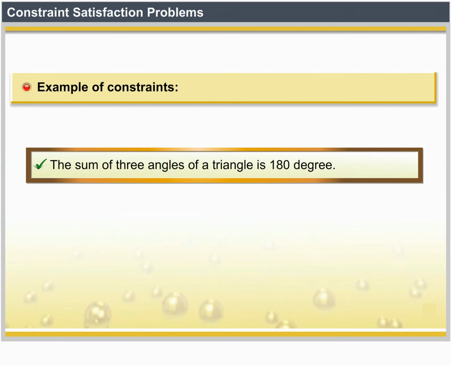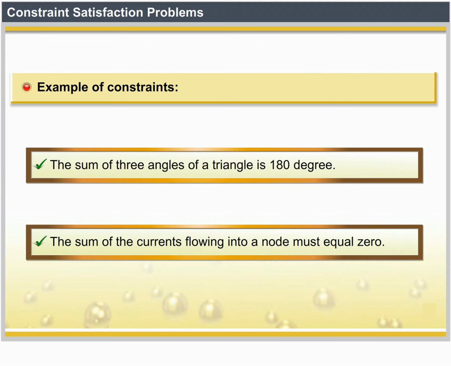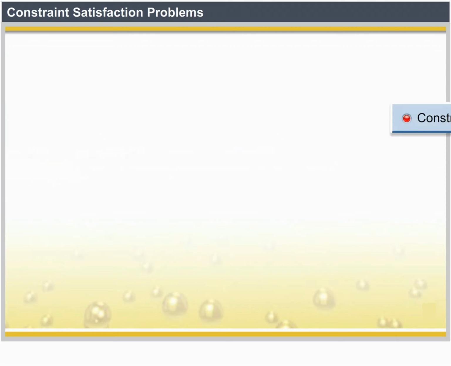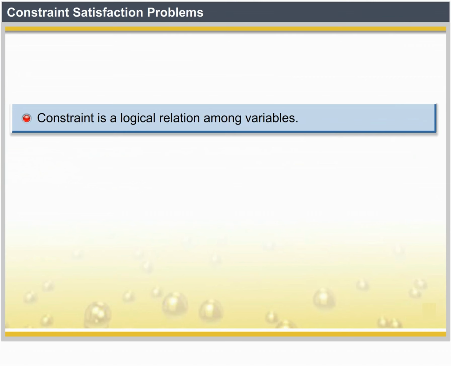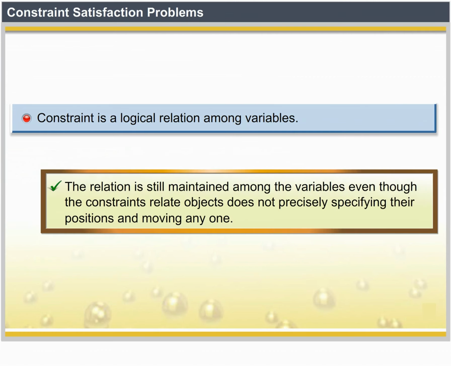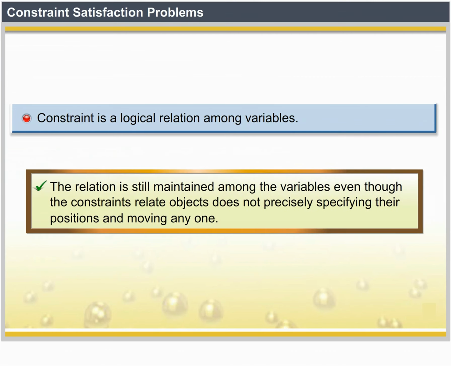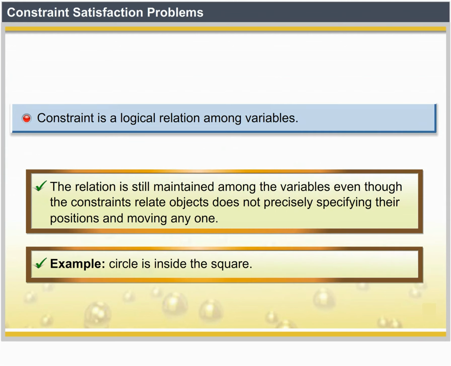The sum of the currents flowing into a node must equal 0. A constraint is a logical relation among variables. The relation is still maintained among the variables even though the constraints relate objects without precisely specifying their positions and moving any one. Example: a circle is inside the square.